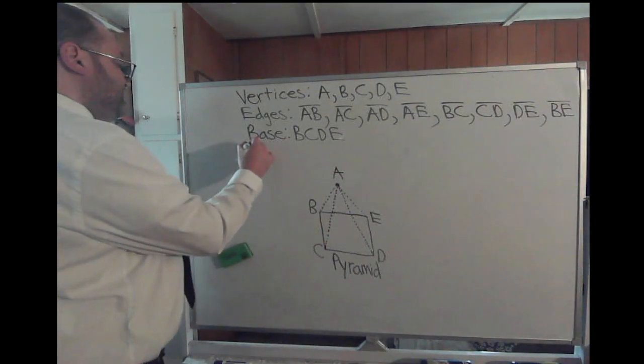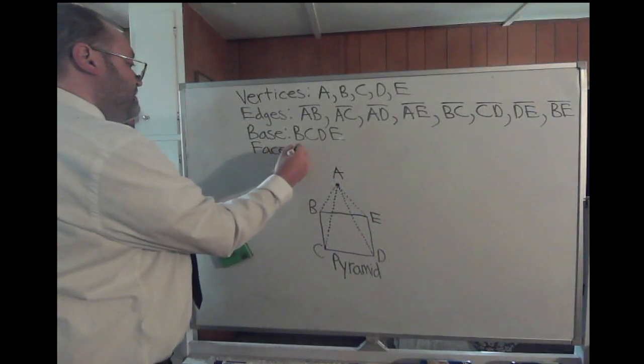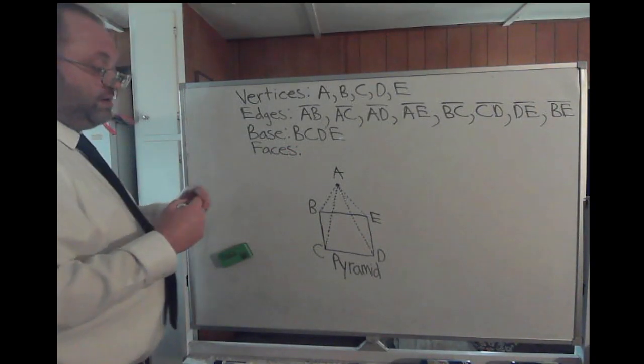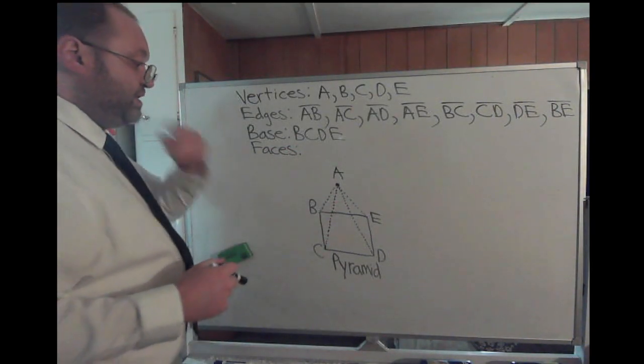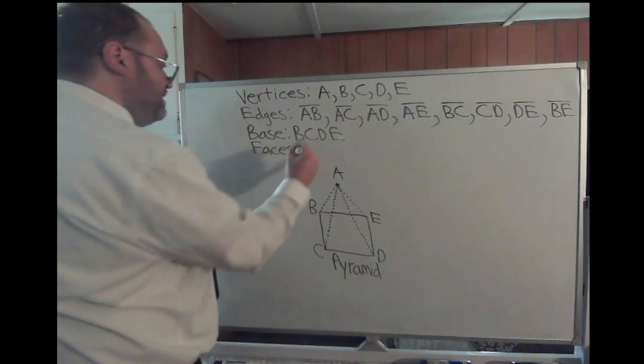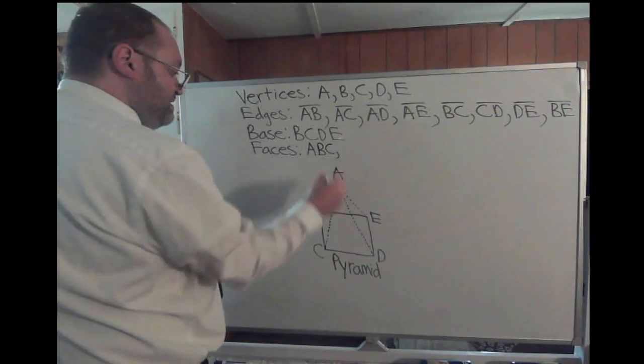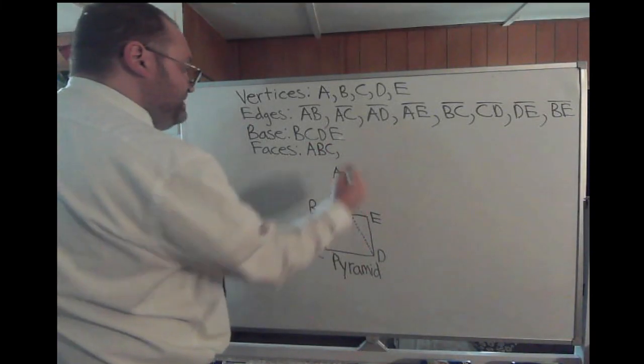Now your faces, on the other hand. Faces are everything that stands up in this pyramid on the side. So you have ABC. Triangle ABC is a face. ACD.